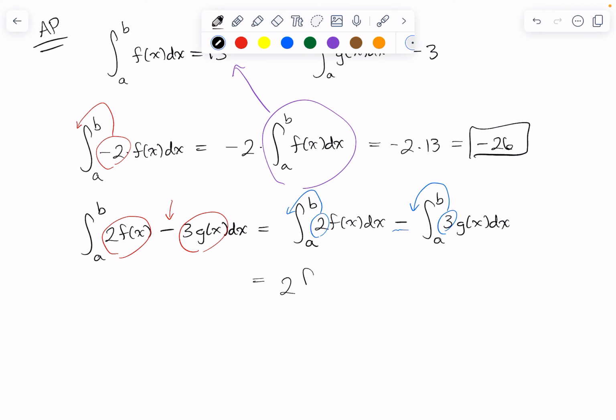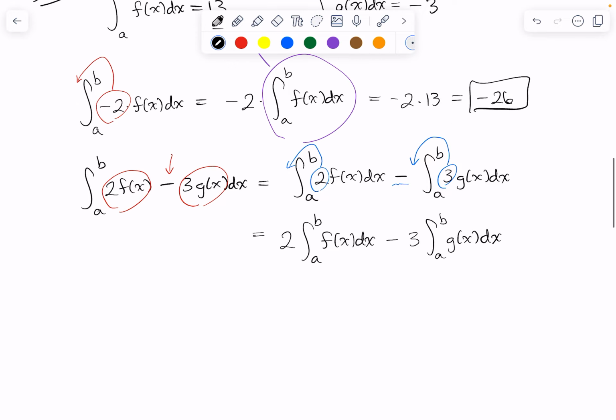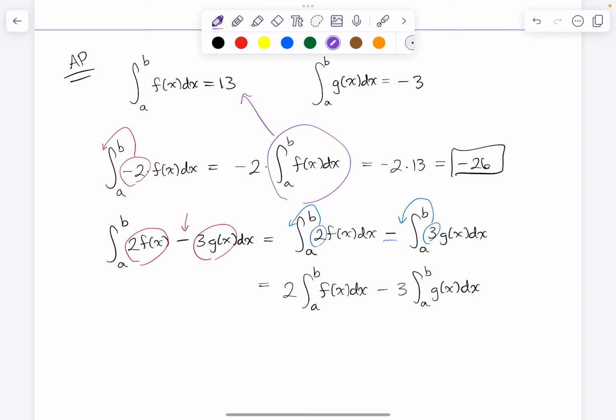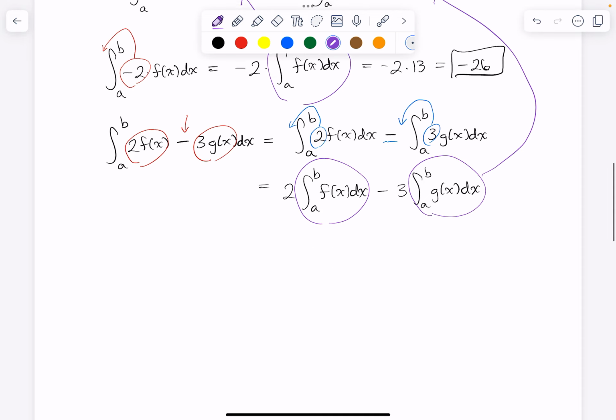So we'll end up with 2 times the integral a to b f of x dx minus 3 times the integral a to b g of x dx. And now we finally have integrals we know how to deal with, right? We know this one is 13, and we know this one is -3.